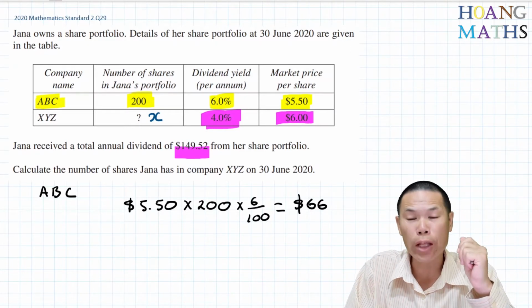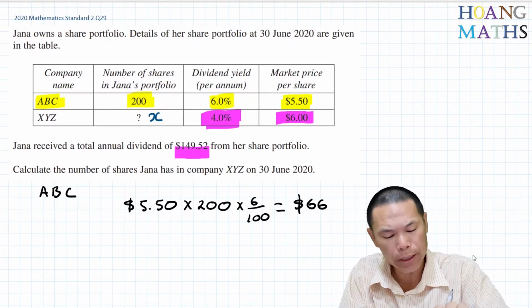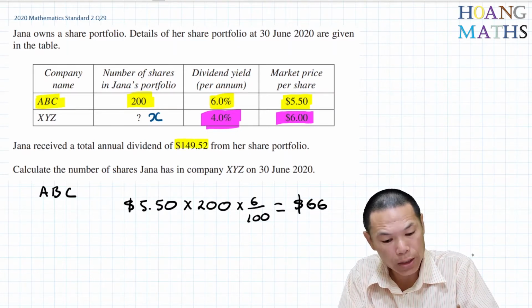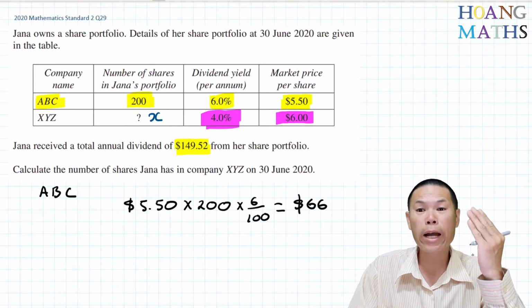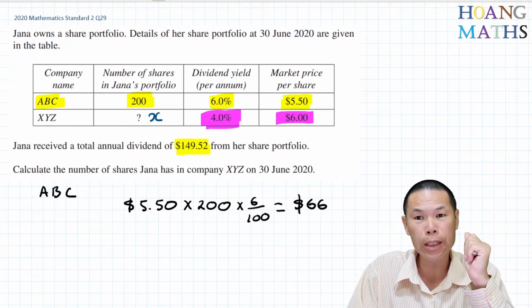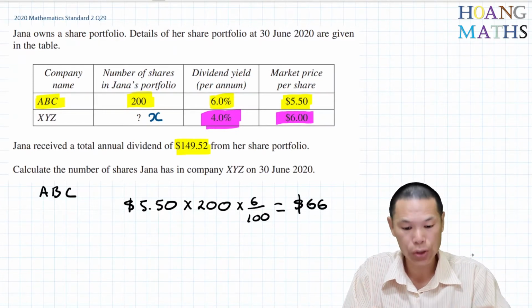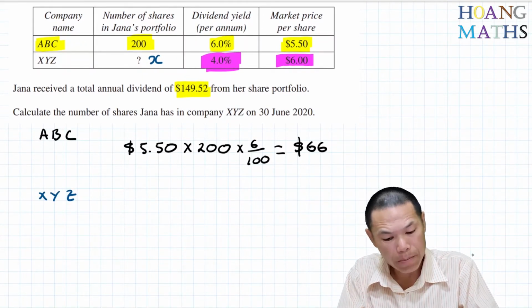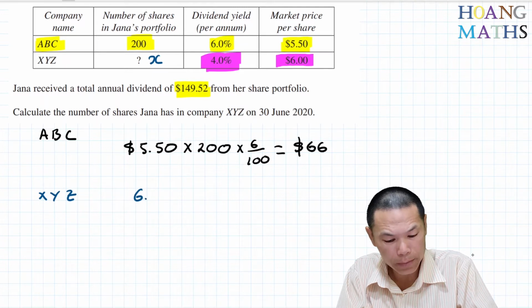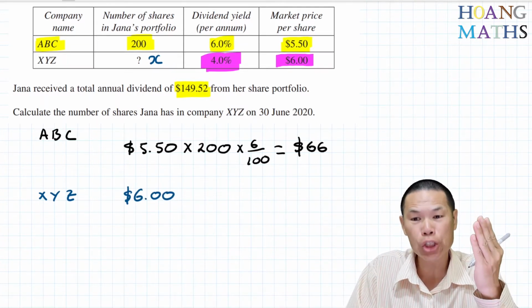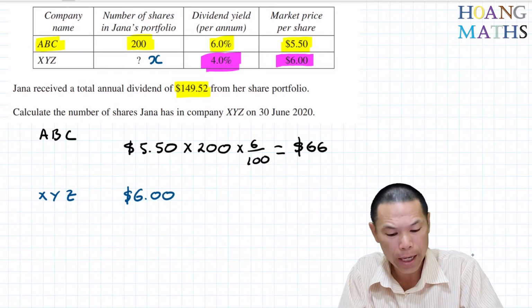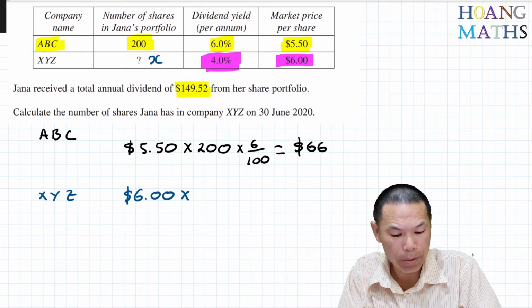But we know that the total payout for both companies altogether is $149.52. So let's work out the dividend for company XYZ. The market price is $6, but we do not know how many shares Jenna has in company XYZ, so we times by X, because X is the number of shares.